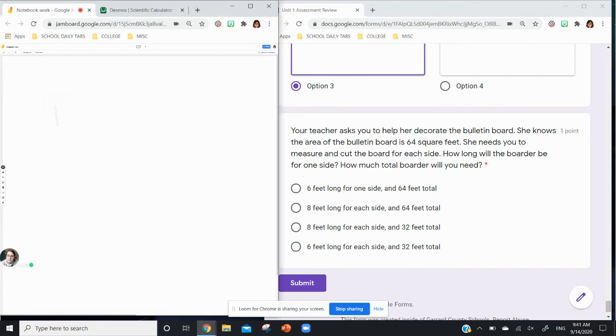So I'm going to draw not a perfect square since I'm just drawing it, but this is my bulletin board. My teacher knows that the area of this bulletin board is 64 square feet.